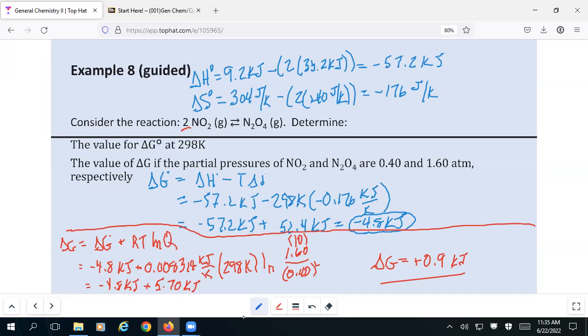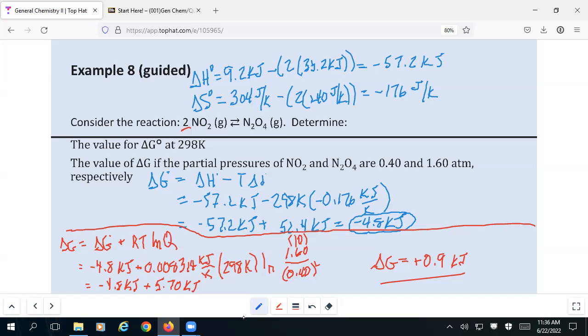So we can see that by flooding this equilibrium with a whole bunch of extra product, we have turned a spontaneous reaction at 298 Kelvin into a non-spontaneous reaction at that same temperature.